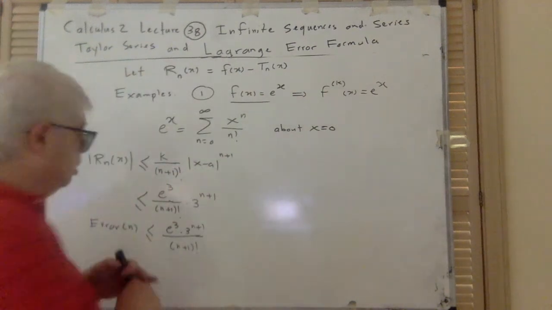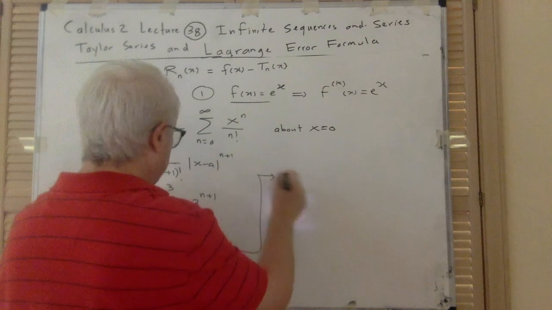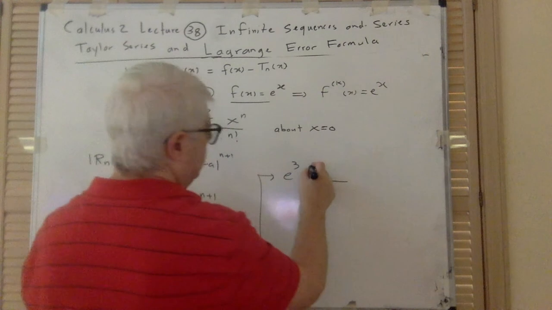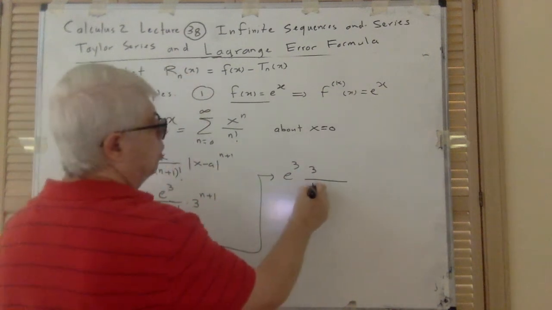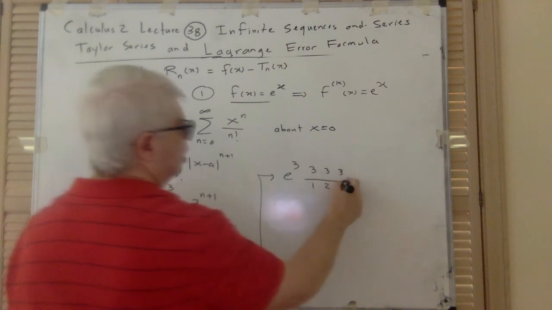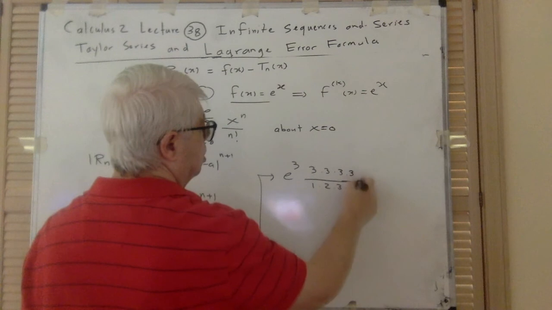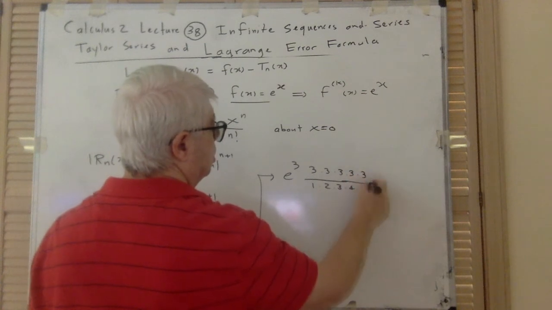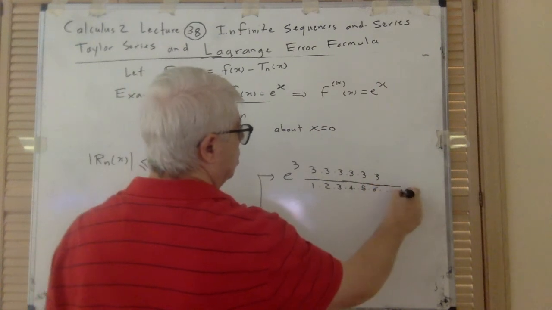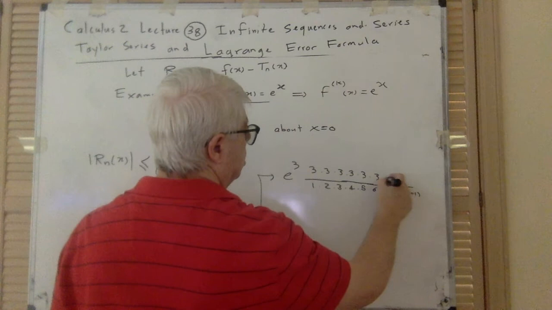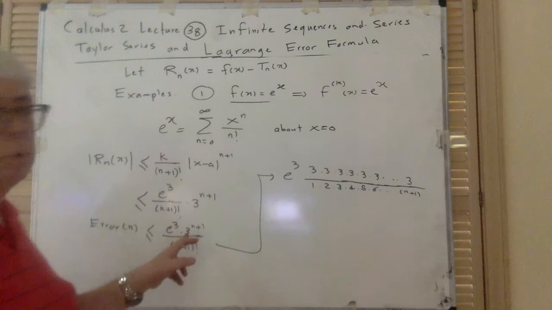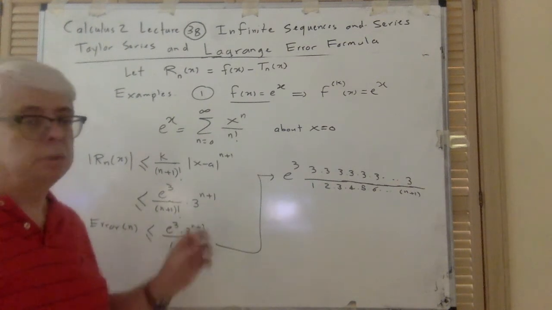If I look at this more carefully, e to the power 3 is here. Then I have n plus 1 factorial, which is 1 times 2 times 3 times 4 times 5 times 6, and this goes up to n plus 1. And I still have 3 to the power n plus 1, which is 3 times 3 times 3 times 3.